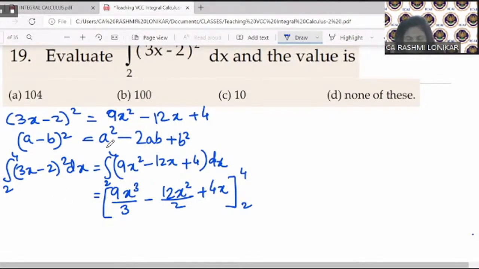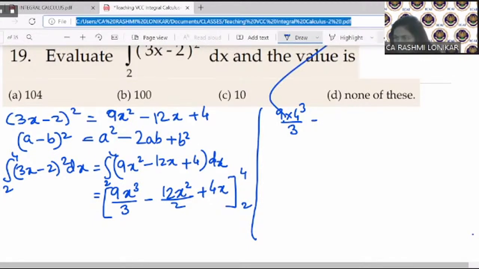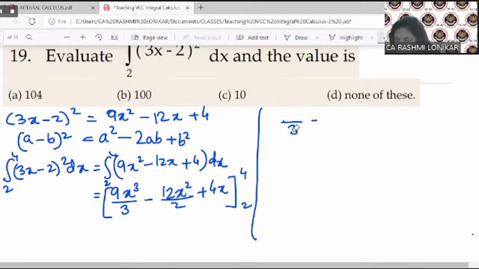So if I put in the upper limit, what do I get? This is equal to 9 into 4 cube upon 3 minus, I can even simplify this. So what do I do?